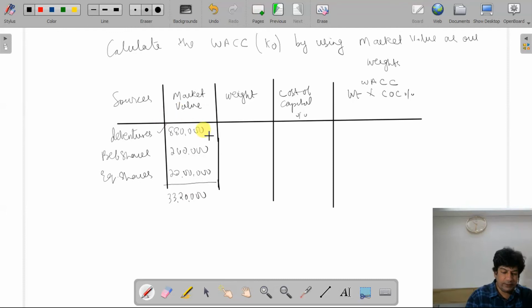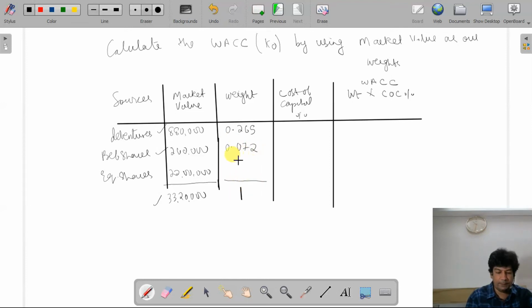Now this 8 lakh 80 I'm going to divide by 33 lakh 20,000. So you will get 0.265 as your weight. 2 lakh 40 I will be dividing by 33 lakh 20,000. So 0.072 will be taken as my weight.